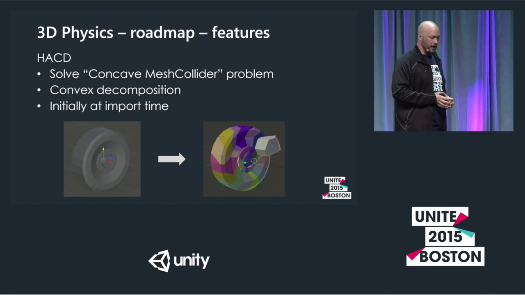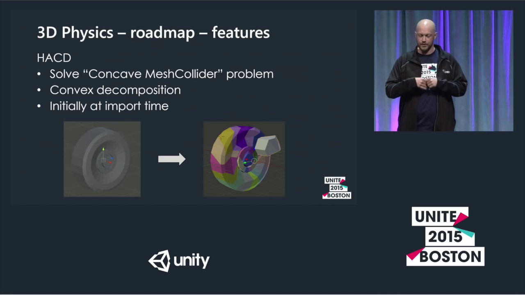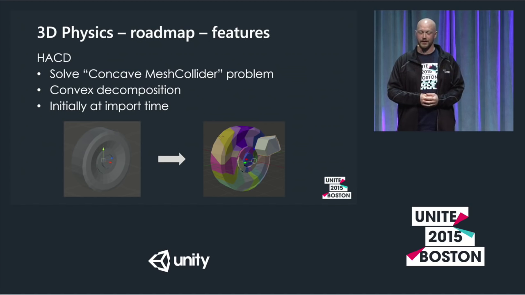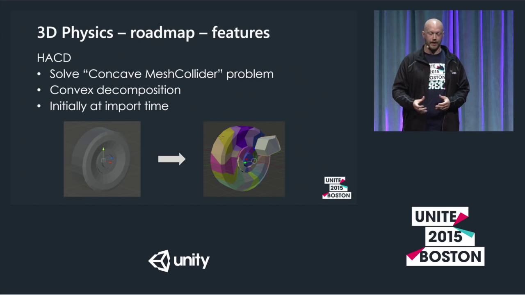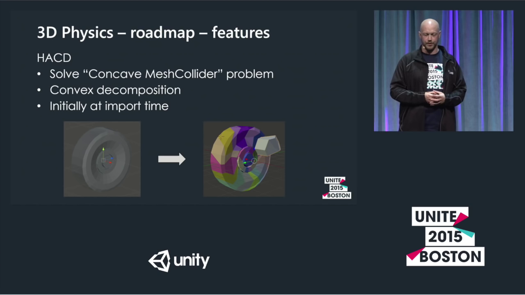We also know that people have a problem with this annoying warning saying that we don't support non-convex meshes for the rigid bodies. Basically what has happened is NVIDIA have removed the support that enabled people to use triangle meshes for the collision detection.